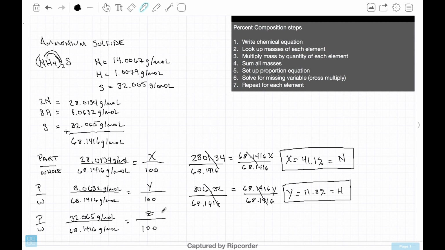So now after cross multiplication, you get 3,206.5 equals 68.1416 Z. Division will get Z by itself.